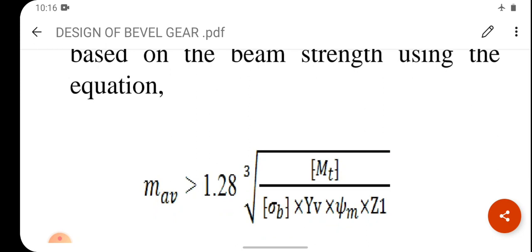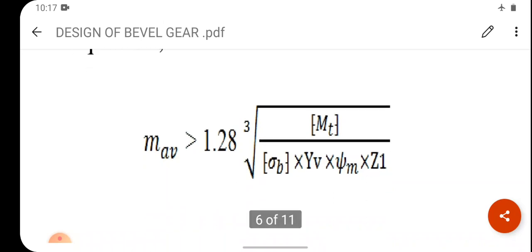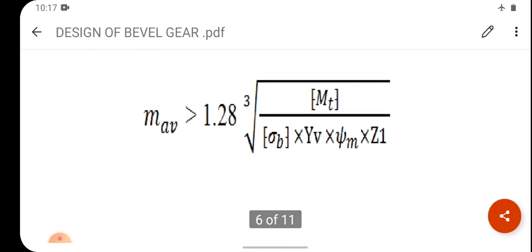Sigma b is the bending stress and Yv is the Lewis form factor. Psi is the pressure angle and m is the module. So psi m into z1 is the teeth, Mt is the bending moment. So from this formula you can calculate average module of a bevel gear.